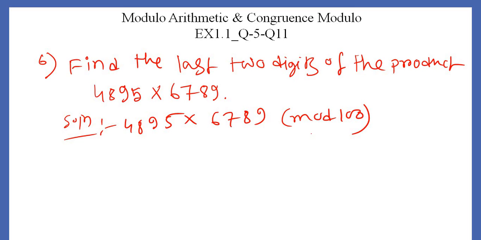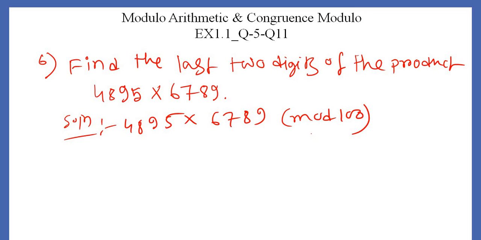Now instead of the last two digits, if they ask you to find only the last digit, that means only the unit place, in that case you find 4895 into 6789 mod 10. That means you divide this product by 10.